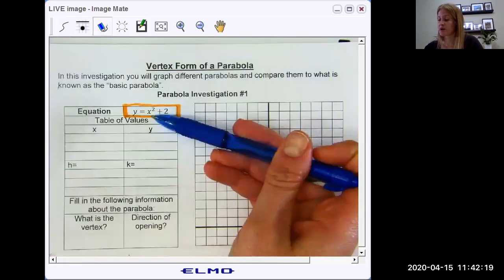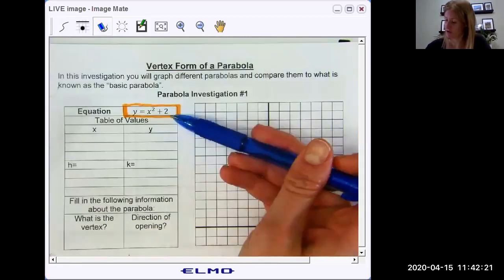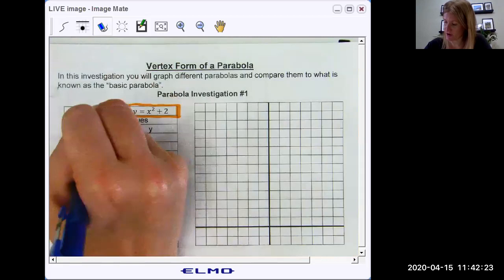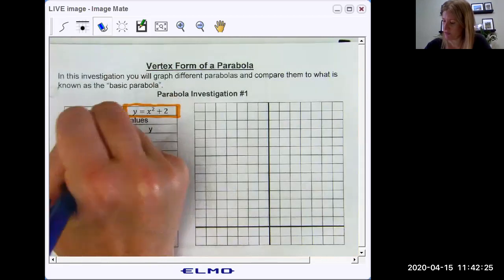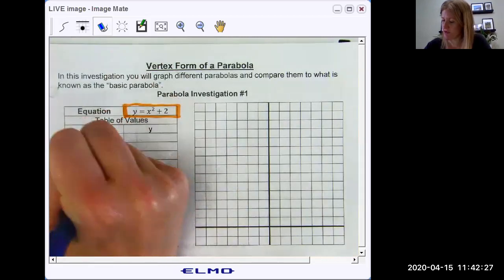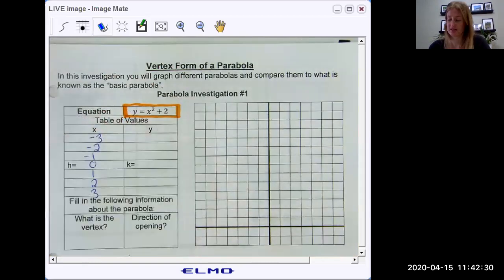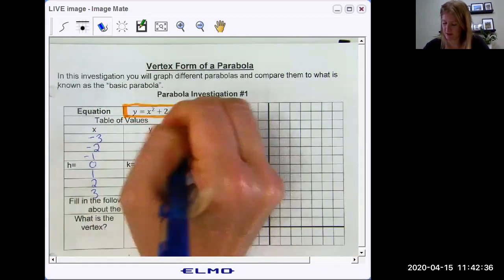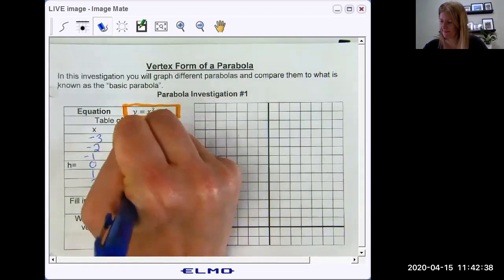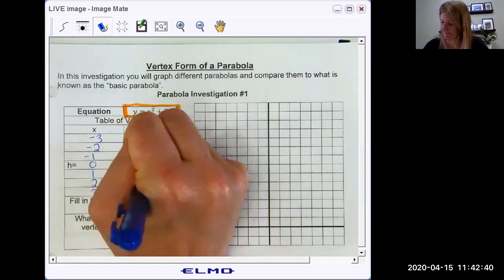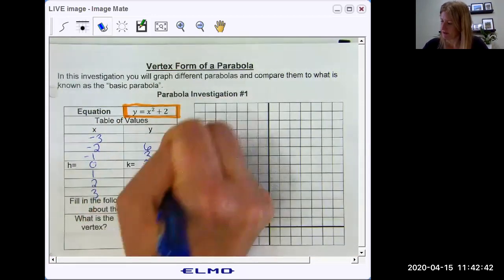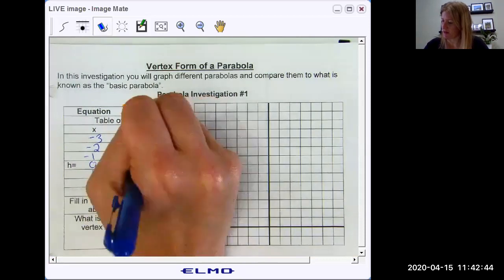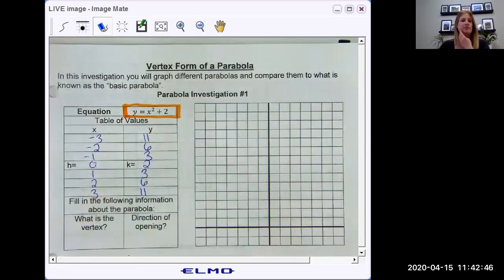This is y equals x squared plus 2. So if I fill in, I'm going to go -3, -2, -1, 0, 1, 2, 3. Well, if I know x squared from the previous one, I'm just going to add 2. And 11. There's my table of values.